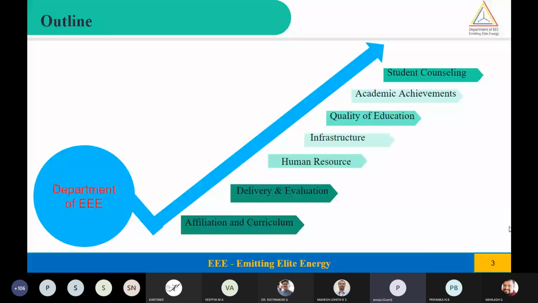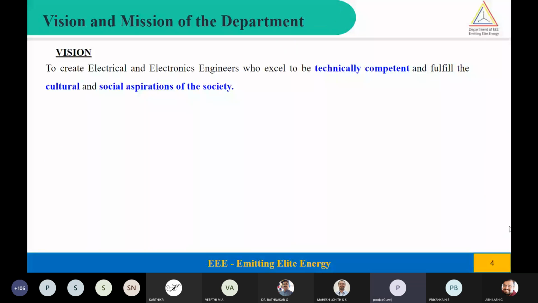So I would like to briefly mention the vision of our department and the stepping stones that we use, which are called the mission, to accomplish our vision. So the vision I'd like to read. The vision is to create electrical and electronics engineers who excel to be technically competent and fulfill the cultural and social aspirations of the society.